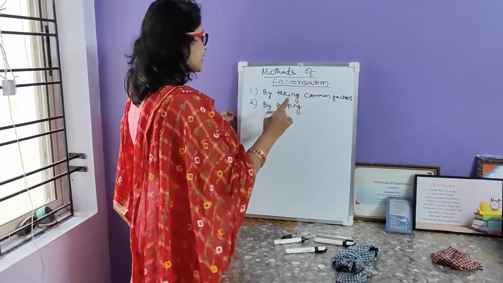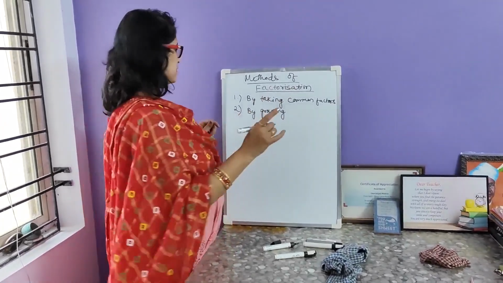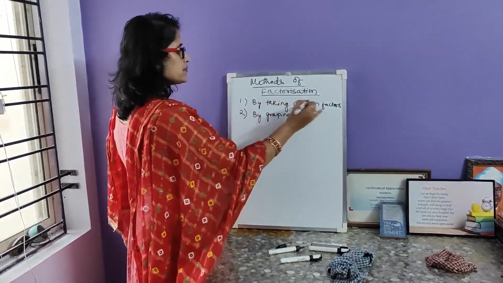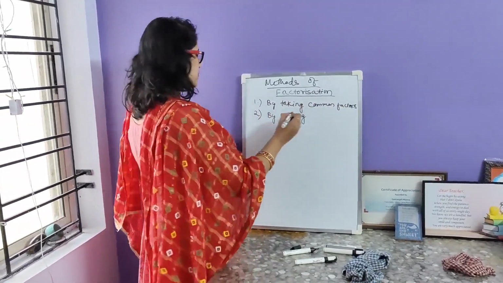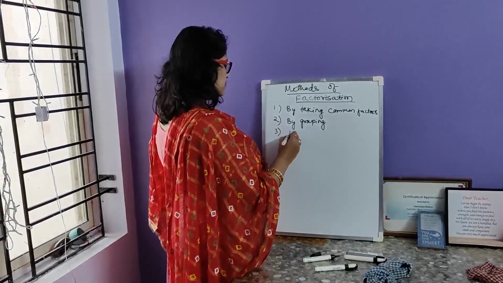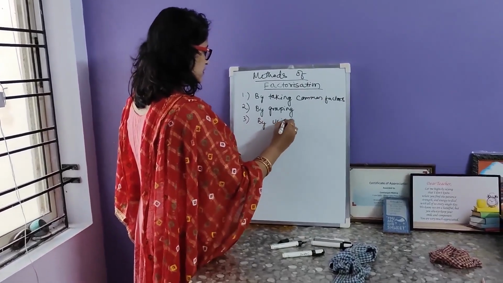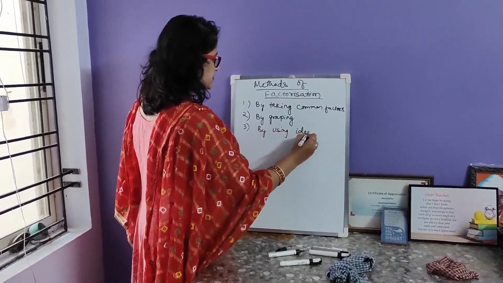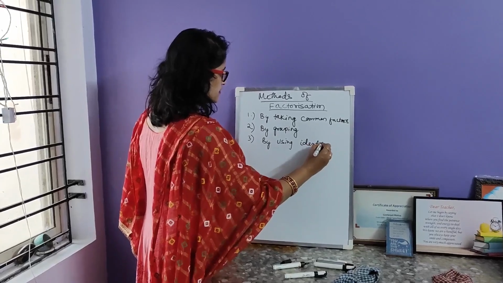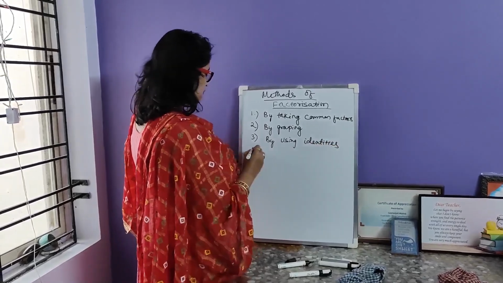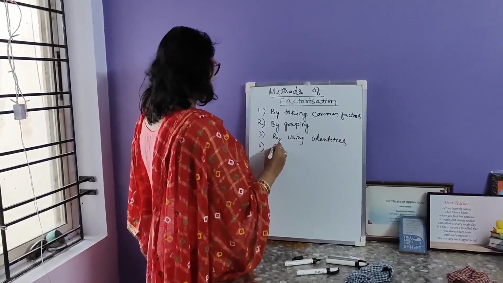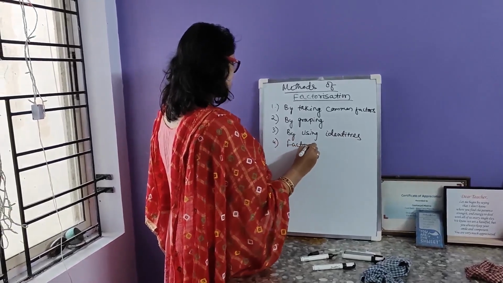First one is by taking common factors, second one is by grouping, third one is by using identities, and fourth one is factorizing trinomials.